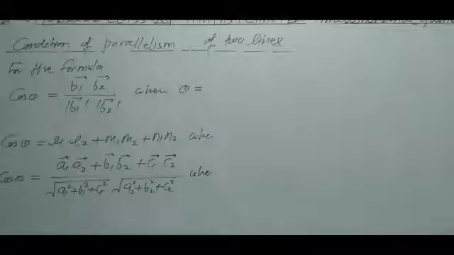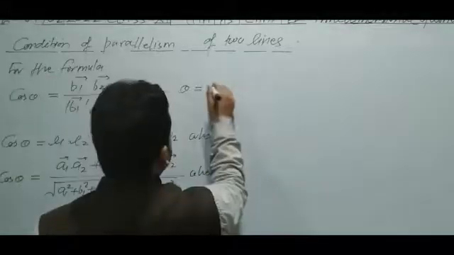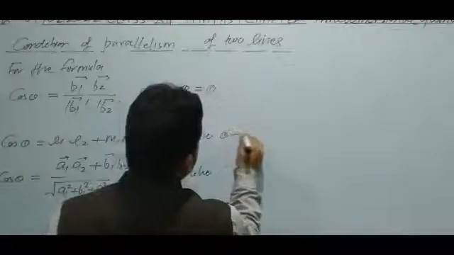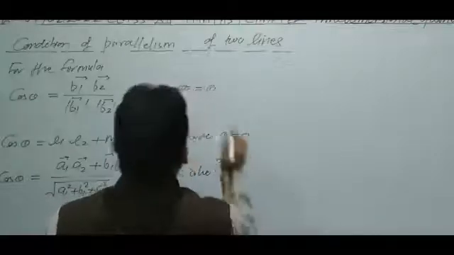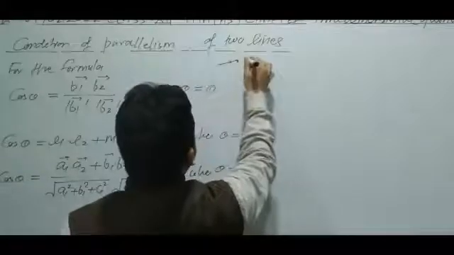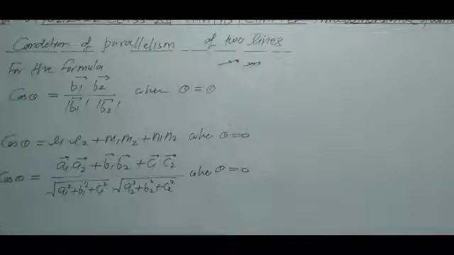It means when two lines are parallel, theta is equal to 0. Suppose these two vectors b1 and b2 are parallel. In this case, what is the condition? We can say b1 is equal to lambda times b2 vector. So what will be the condition?